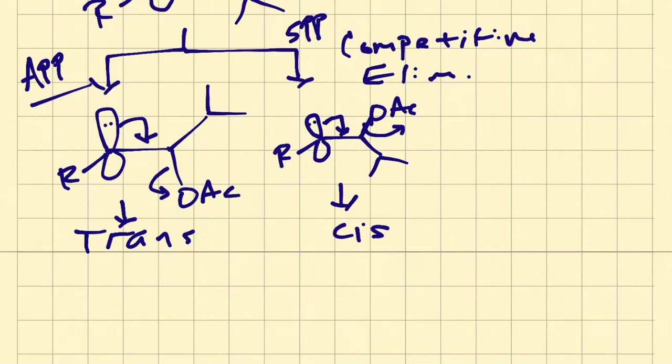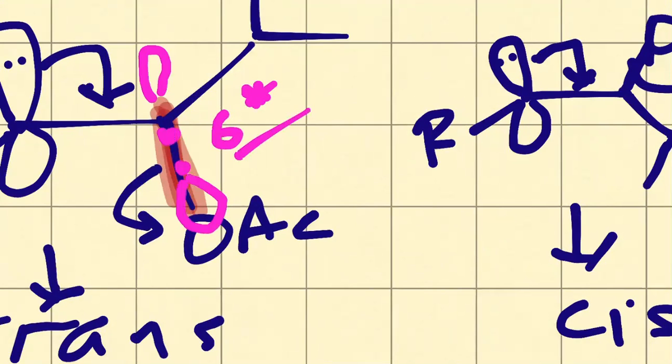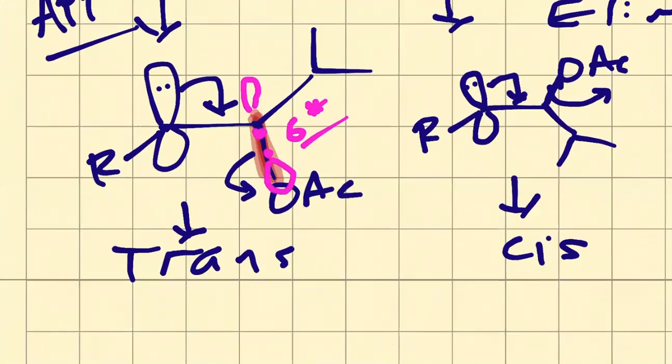It's probably more of an electronic factor as well, because if you look in the trans, you can see right here that CO sigma star orbital that's going to be kind of jutted out this way. Let me see if I can draw that in there in a different color. So this is going to be your sigma star. Right, that's where you have to donate in order to get that acetate group to leave.